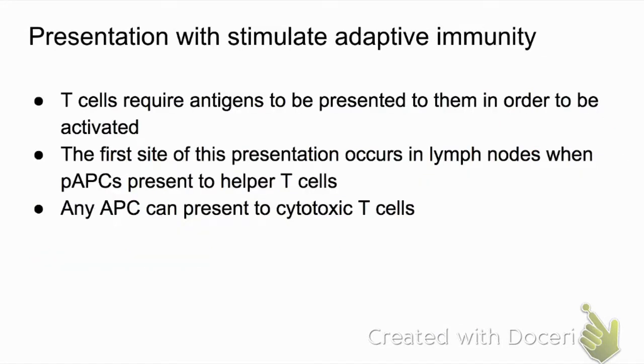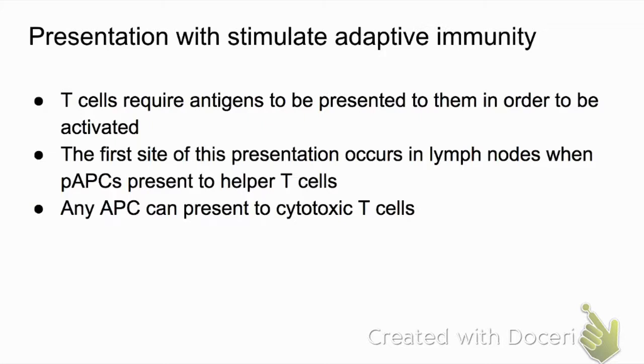Now again, the role of presentation here is to stimulate and activate the adaptive immune response, and that is that specific response to an infection that occurs maybe days after the initial infection has entered the body. The T cells that are going to be activated in this process do require the antigens to be presented to them in order for those T cells to be activated.